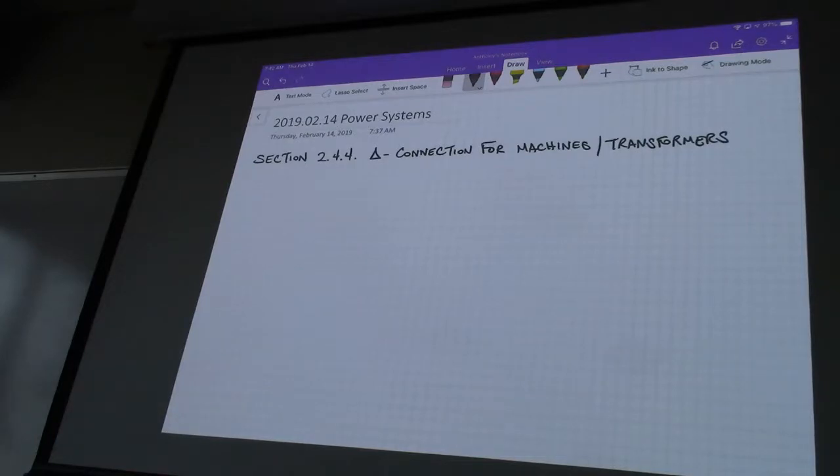Essentially, right, any shunt connected device, meaning between the phase and the ground or the neutral, we're going to represent as either a Y or a delta connection.